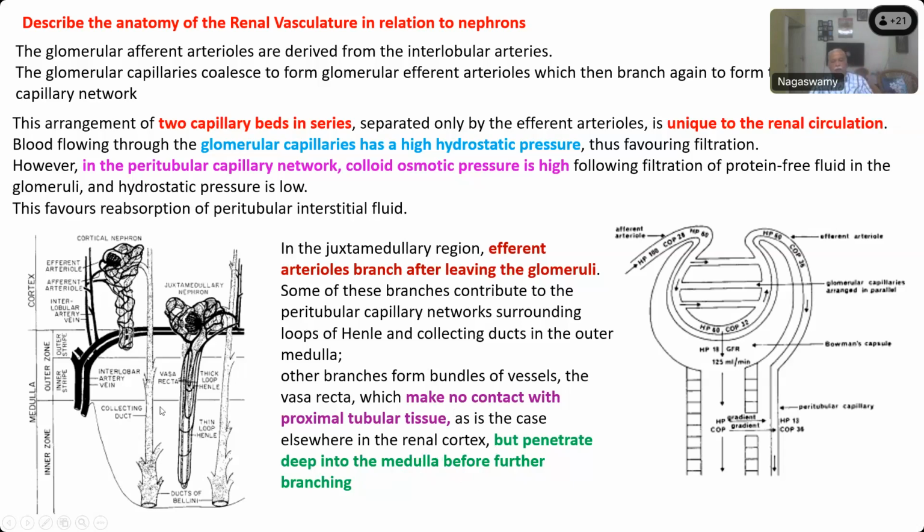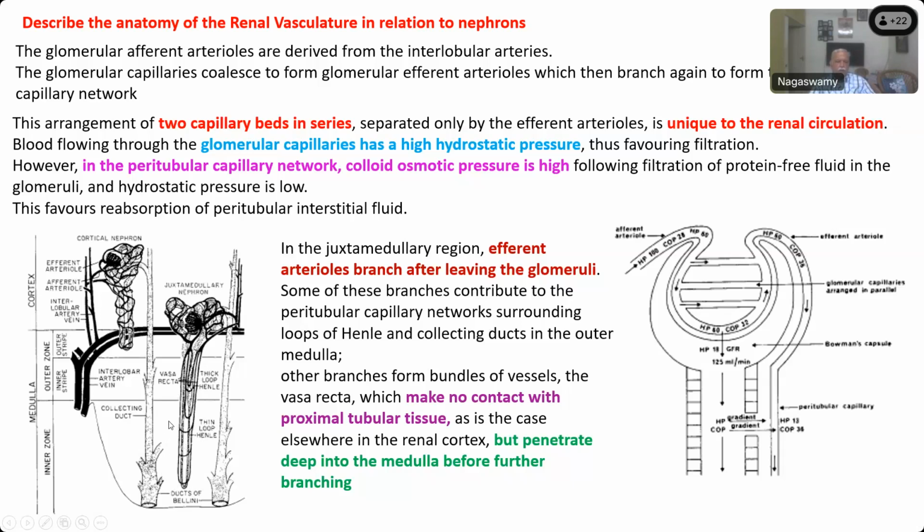The reason it continues as the vasa recta, as I told you, is that it runs through the medullary region along the thin and thick loops of Henle to cause more concentration. This gap between the collecting duct and the loop of Henle is called the medullary interstitium.